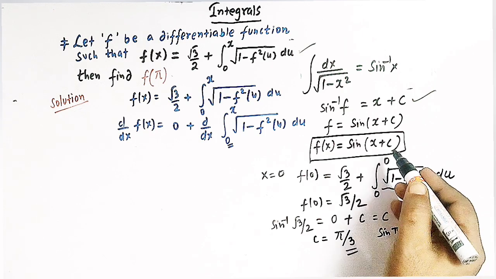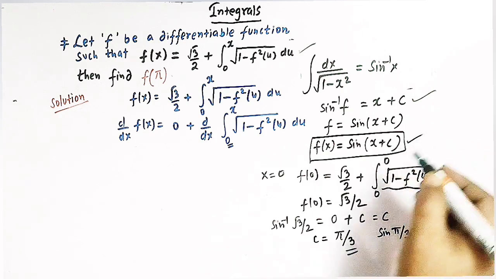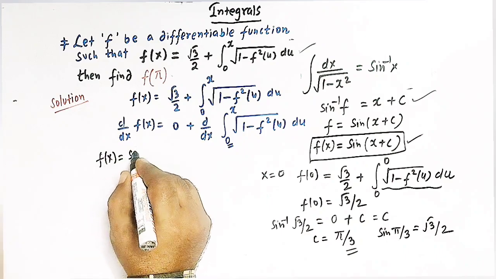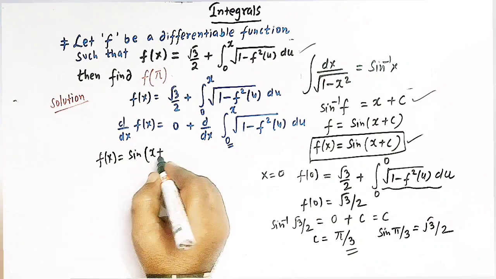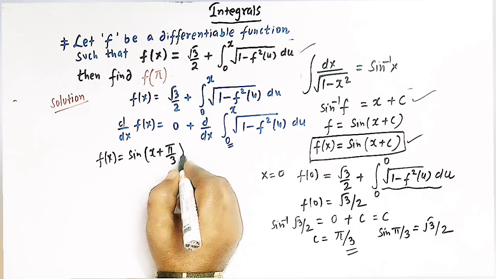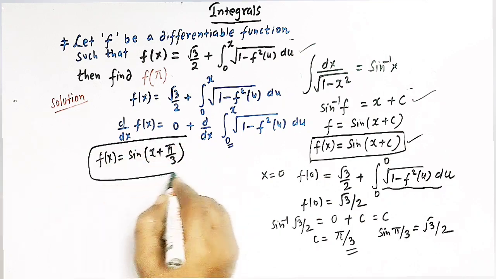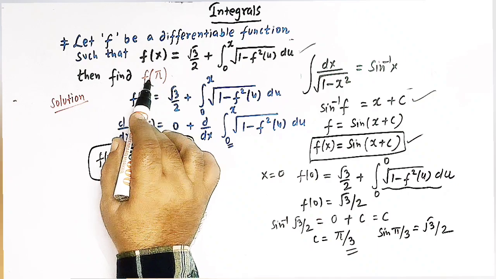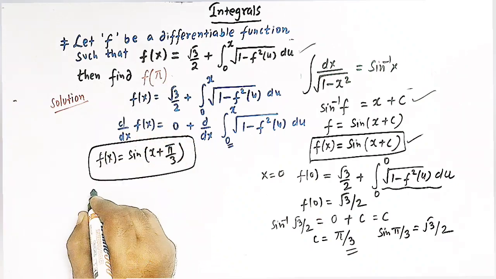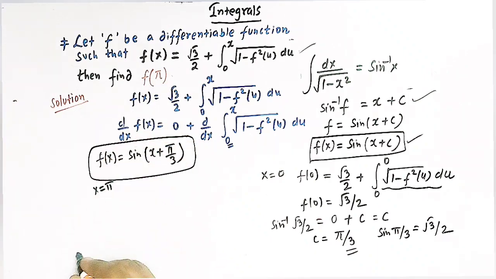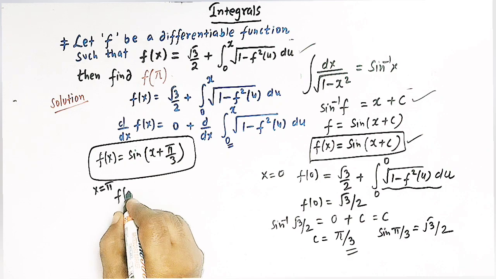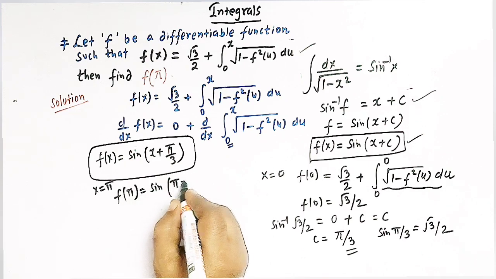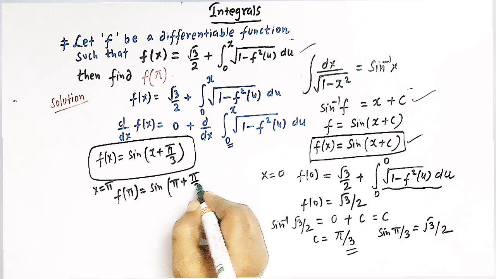So let us take this value in this relation. We have f of x is equal to sine of x plus pi by 3. So this is our required function f of x, and let us find out the value of f of pi by taking x is equal to pi. So we have f of pi is equal to sine of pi plus pi by 3.